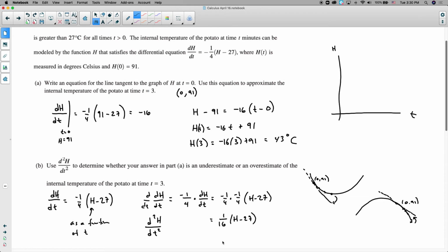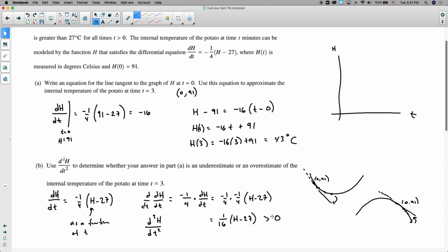All right, so at this point, you could argue that we have a scenario where the value of our second derivative is greater than 0.